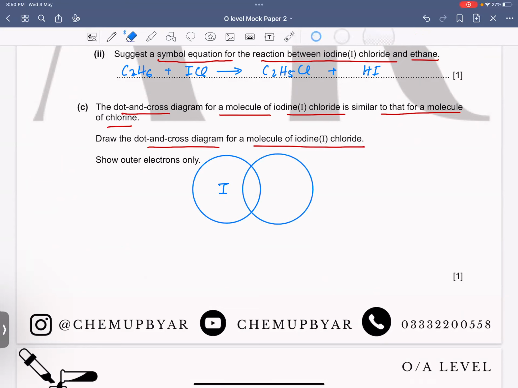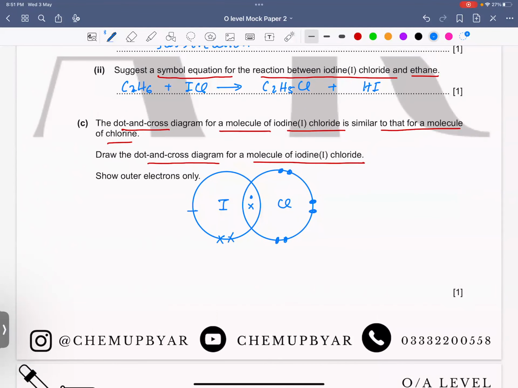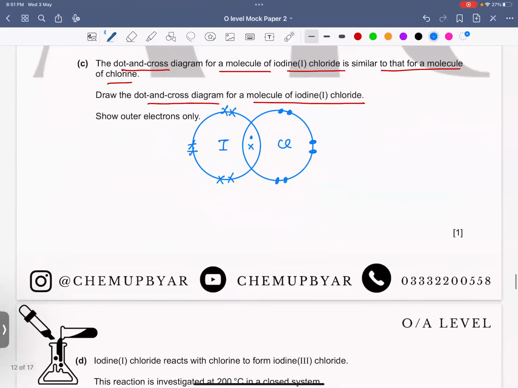Both have 7 electrons, so both need one. One atom shares 1 electron and the other atom shares 1 electron as well. Now there are 6 more electrons left for each atom, which I will draw on the circle showing their remaining 6 electrons. Is it clear?